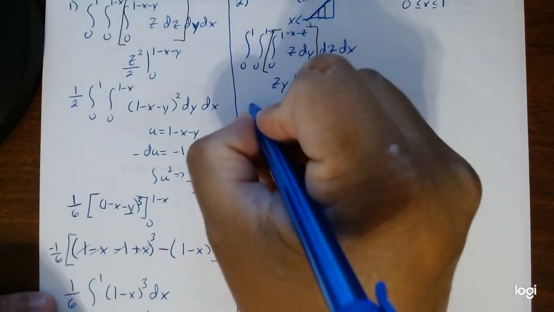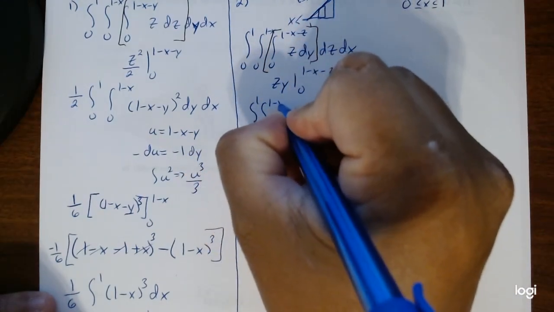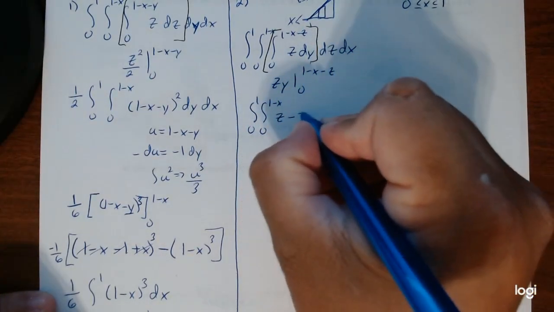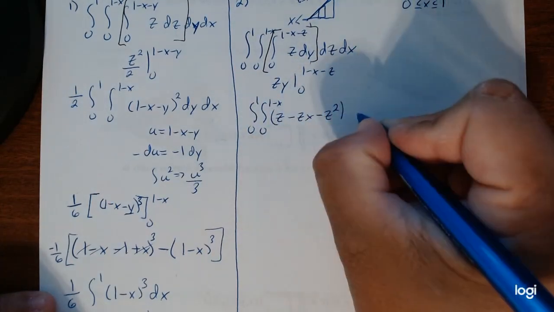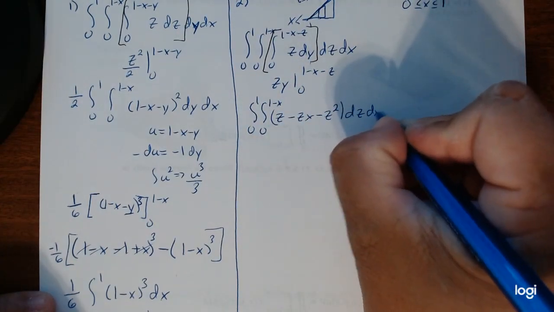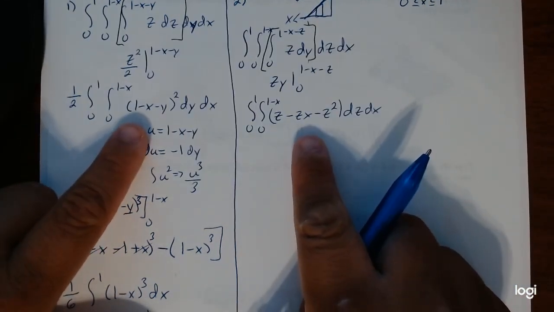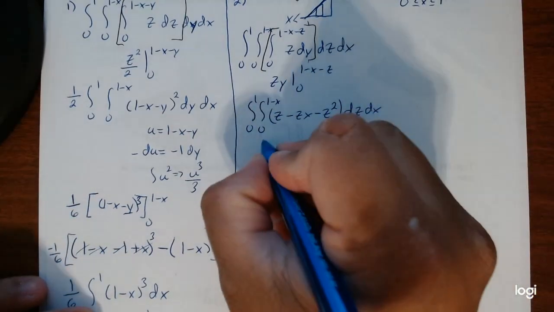So this ends up being the double integral of z times all of this. Already a bit different. So take the integral with respect to z.